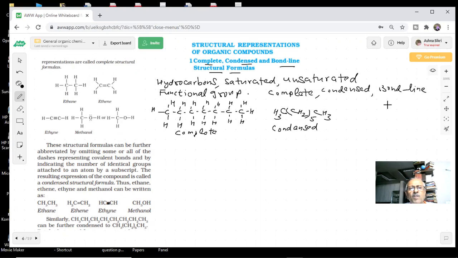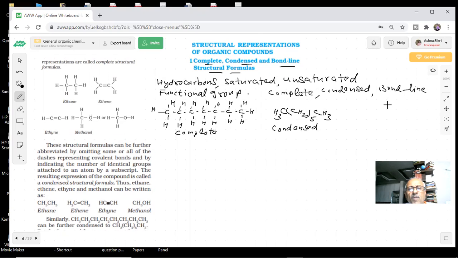We can further omit the dashes of all the covalent bonds and indicate the number of identical groups by a subscript. This is the condensed form. Here I have not written these bonds, students. I have only put a bracket and indicated the repeating unit.